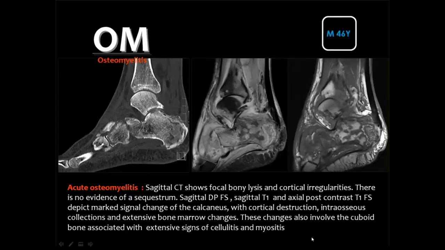And this is an extensive case of acute osteomyelitis of the hind foot, affecting mainly the calcaneus and some of the tarsal bones.